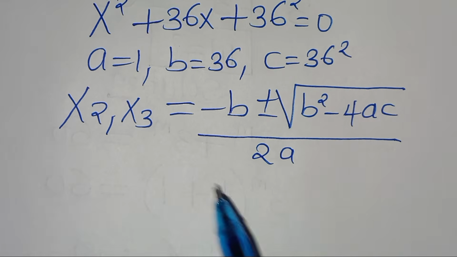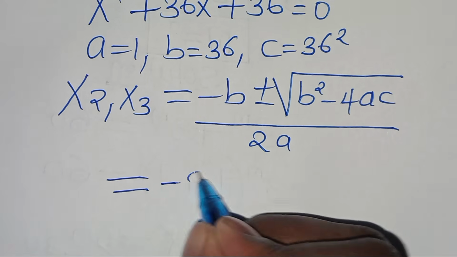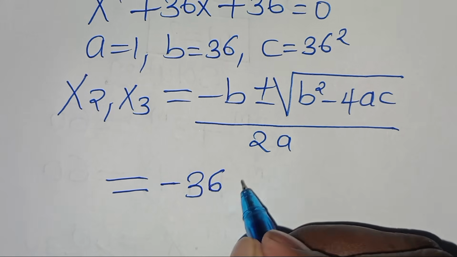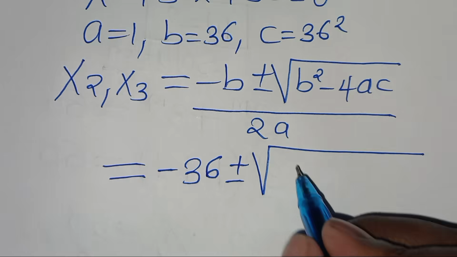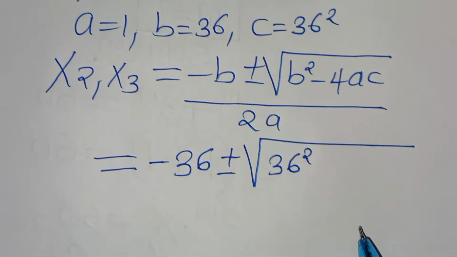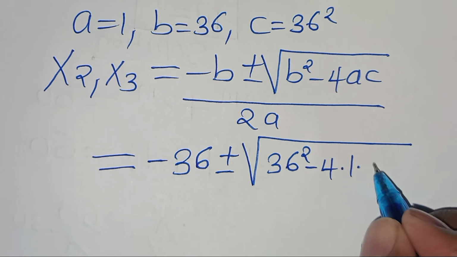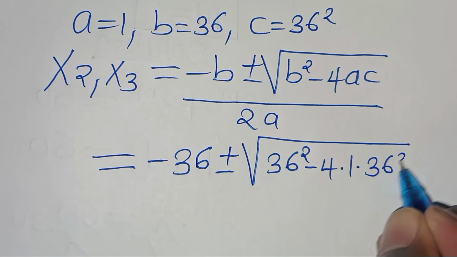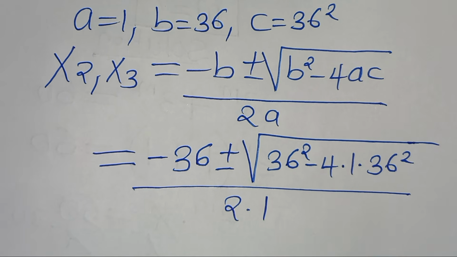So let's substitute the values of a, b, and c, so that now we have minus 36 plus or minus the square root of 36 raised to the power of 2, subtract 4 times a, which is 1, then times c, which is 36 to the power of 2, then divided by 2 times 1.